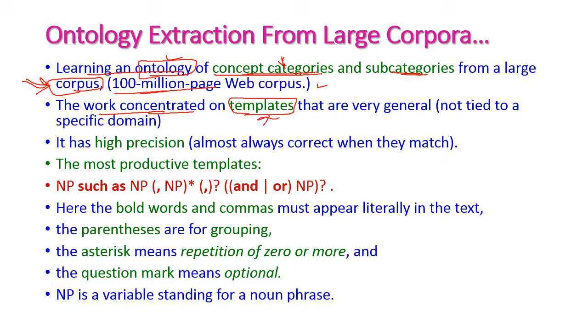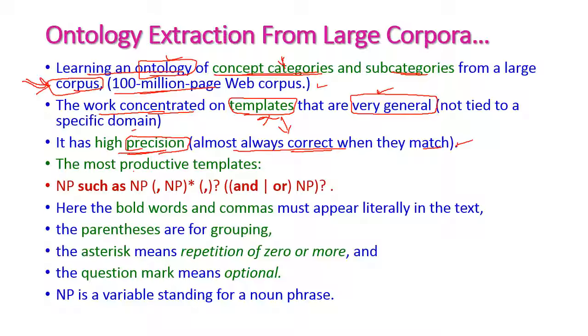The template should be very general and suitable for almost all domains, not a particular specific domain. It has high precision, that is, it is almost always correct when it matches. If the concept is mapped, then the template will be suitable.